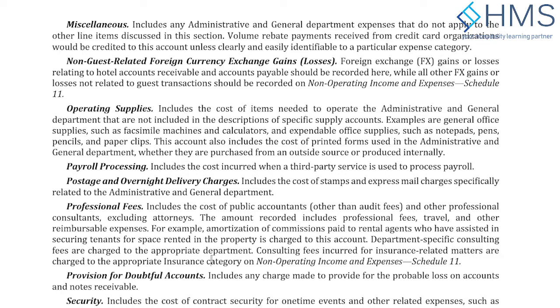Department specific consulting will be charged to this account. HR consultants, security consultants will be charged to this account. If you are paying any expert, any agent for securing rental for, let's say, your GM house, then the cost will go into this expense as well.